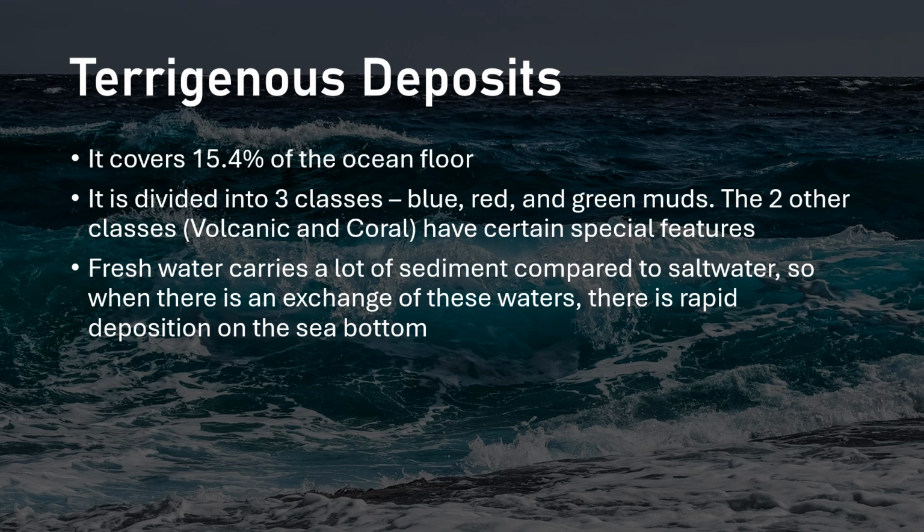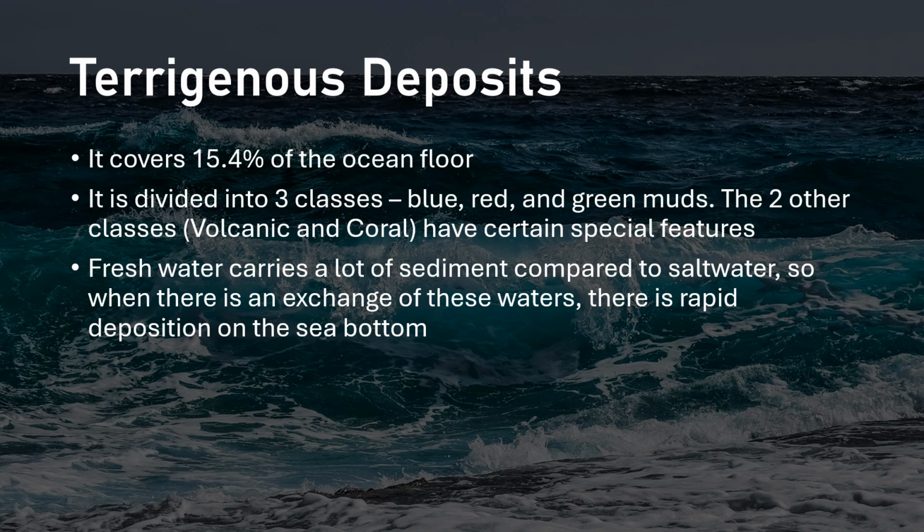Terrigenous deposits. The terrigenous deep sea deposits occupy 15.4% of the ocean floor. The terrigenous deposits of the littoral and shallow water zones are really of the same nature as those forming the terrigenous deposits in the deep sea. These latter are, however, more uniform, homogeneous, fine grained and widely distributed than the former.